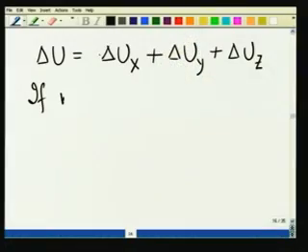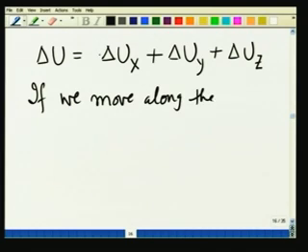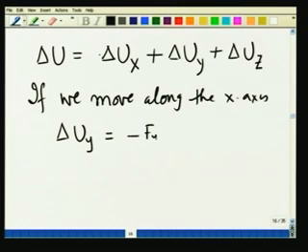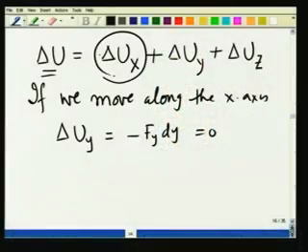So, if we move along the x axis, then delta u y, which is going to be minus f y dy, is equal to 0. All the change in u comes only due to this.